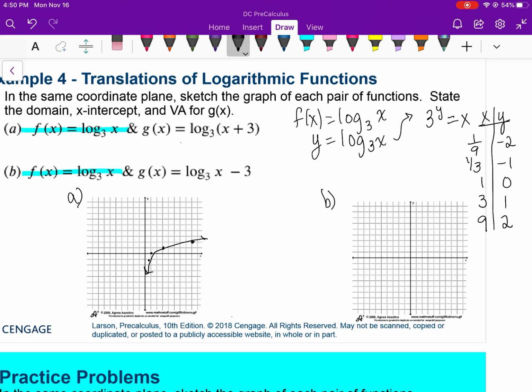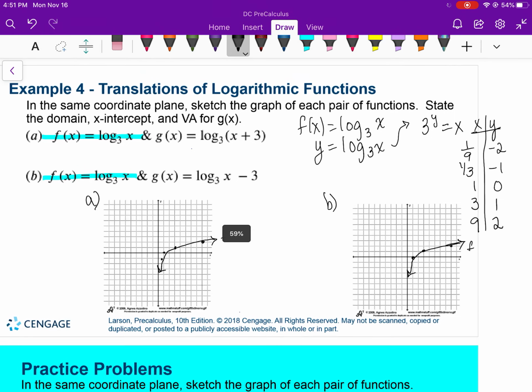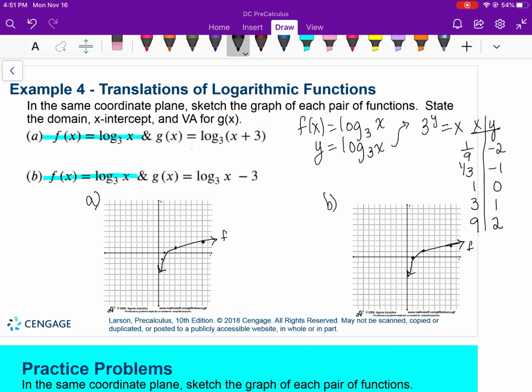And I'm going to go ahead and put that on each grid. And that's F. To get G graphed, we're simply going to do a translation. So this adding 3 inside the parentheses moves our graph left 3, and subtracting 3 outside will move it down 3.